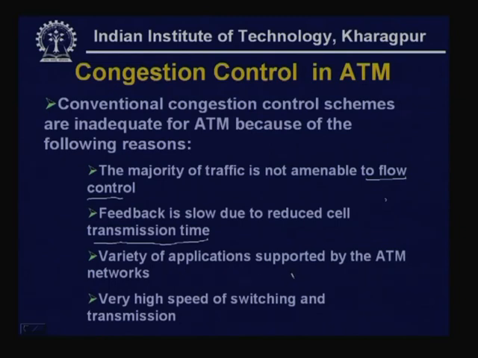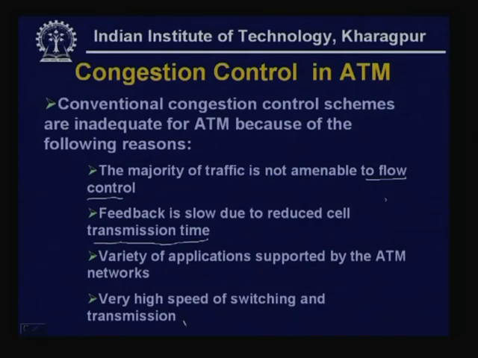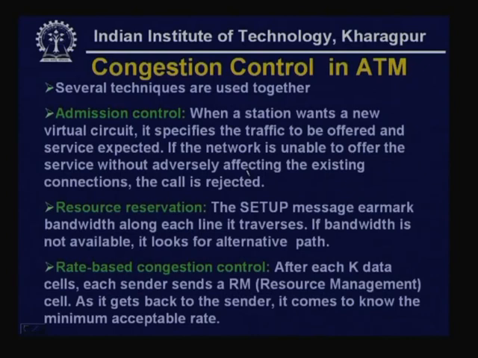Variety of applications are supported by ATM networks, as I have already mentioned, there are 5 different types of packets transmitted, and very high speed of switching and transmission. Because of this, conventional congestion control cannot work, and congestion control is performed in 3 different ways.